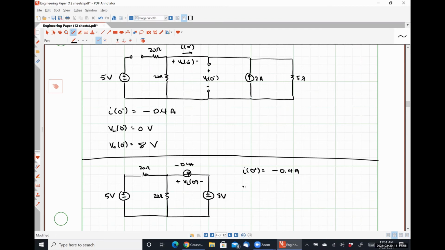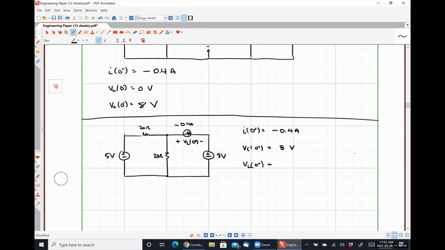We know that VC at 0 plus has to continue being 8 volts because it's the capacitor voltage and it cannot change abruptly. The only thing that we don't know is VL at 0 plus. So how might we go about determining that quantity?